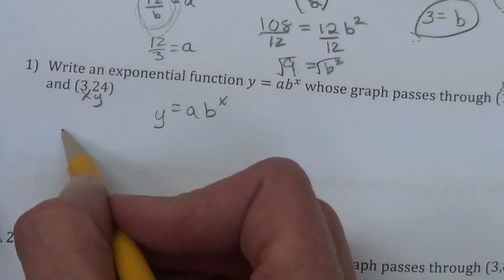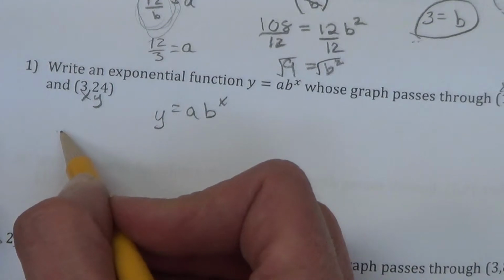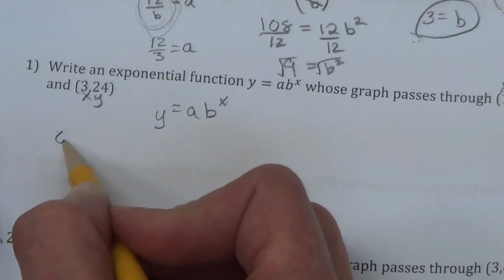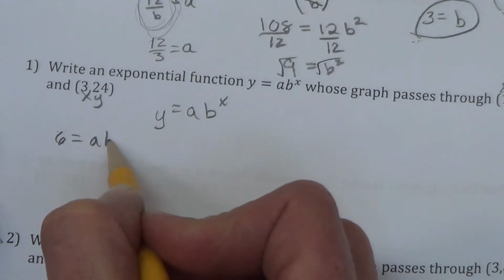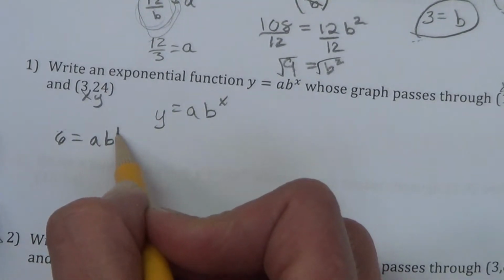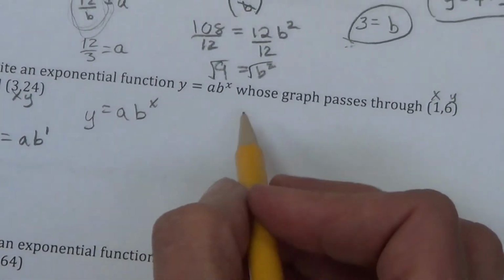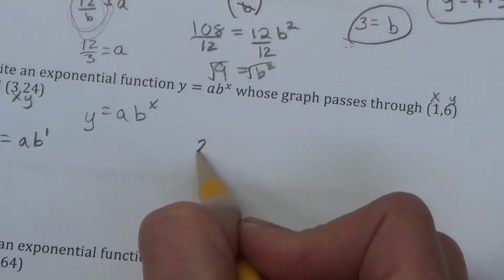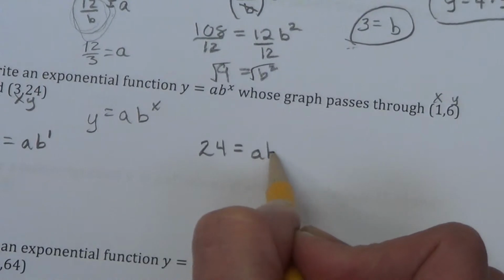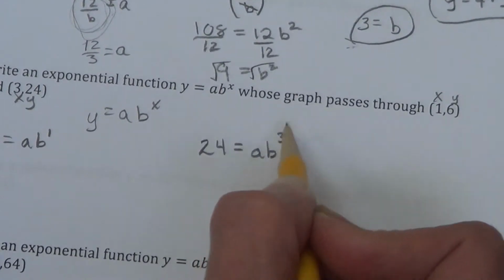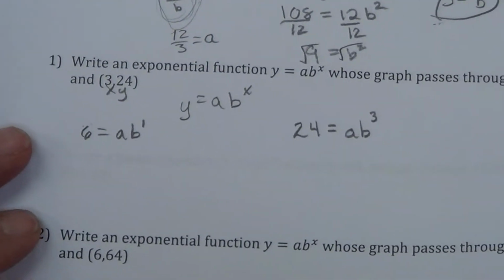The first point was 6 for the y equals ab to the first. The second point was 24 would equal ab to the 3. Okay?